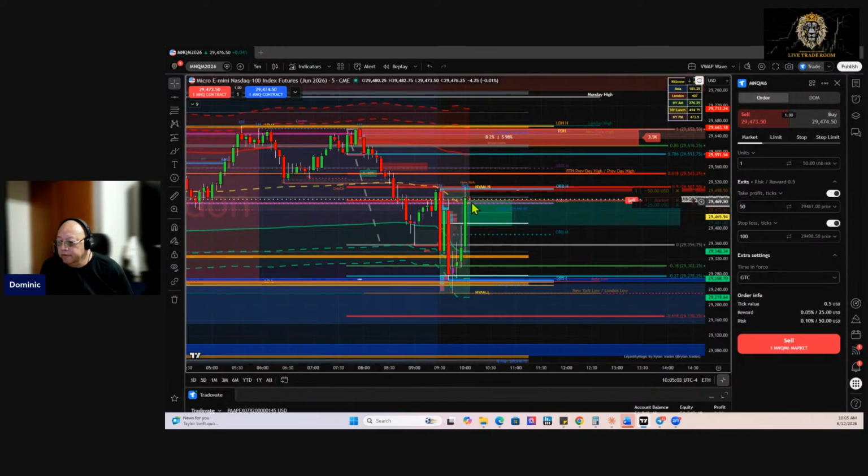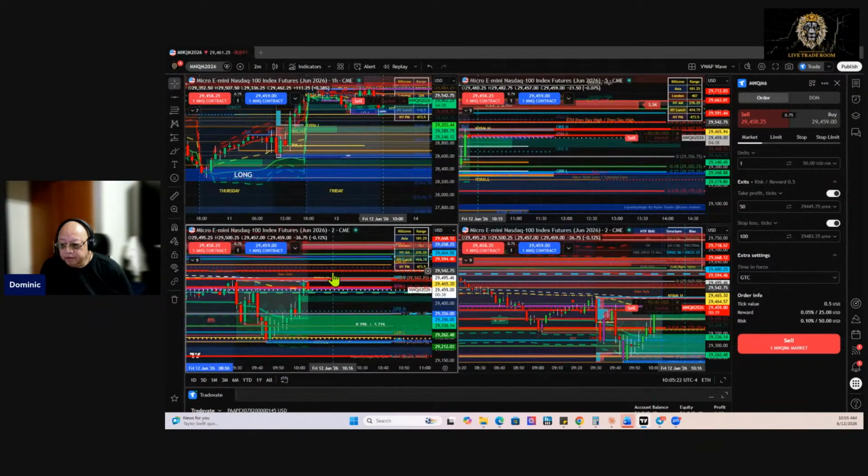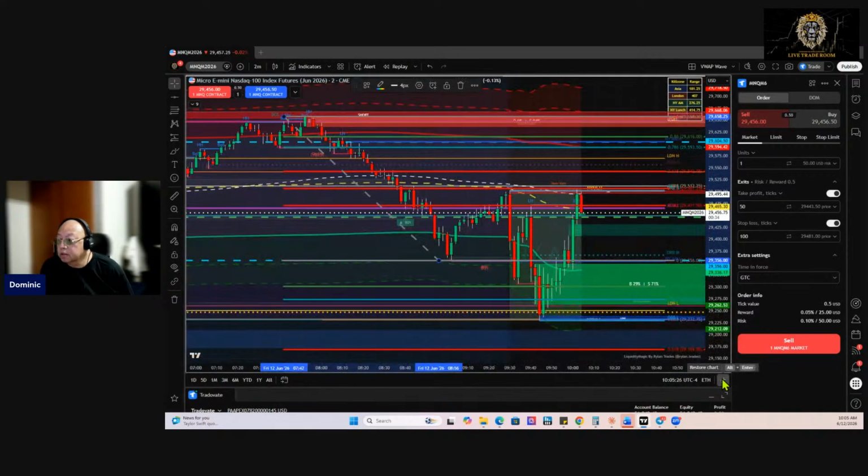Big fair value gap. Let's see if they can honor that. Since this is going to be part of a VWAP again. So let's see what this looks like.